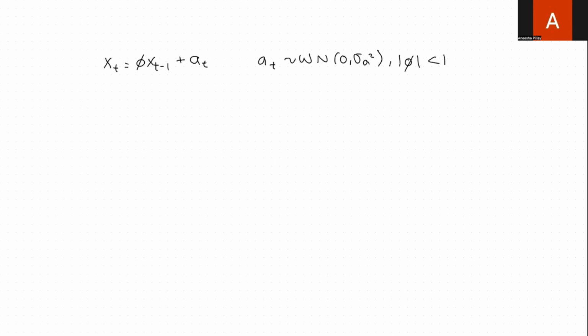Now for us to determine the mean and the variance, first, we assume that we are looking into a stationary time series in this chapter.